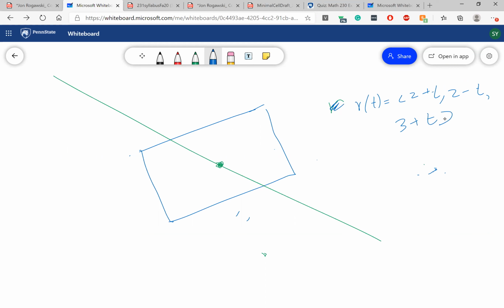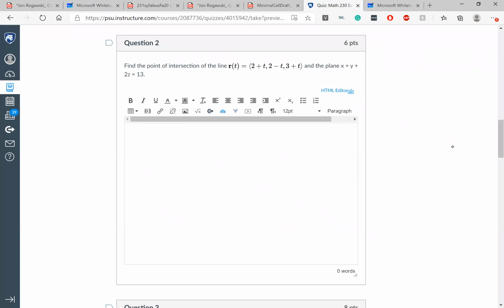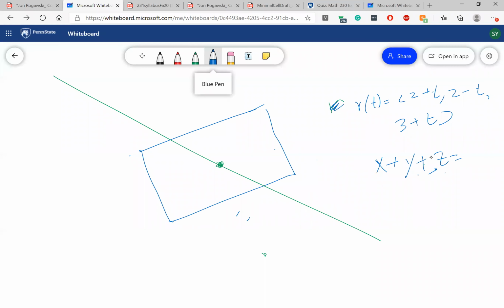And the equation for the plane is x plus y plus 2z is equal to 13. Let's plug it in. We take this to be our x, this is our y, and that's our z.